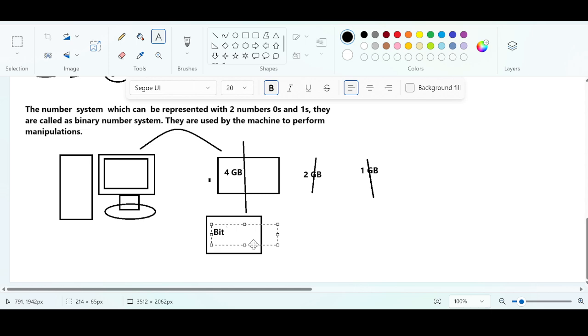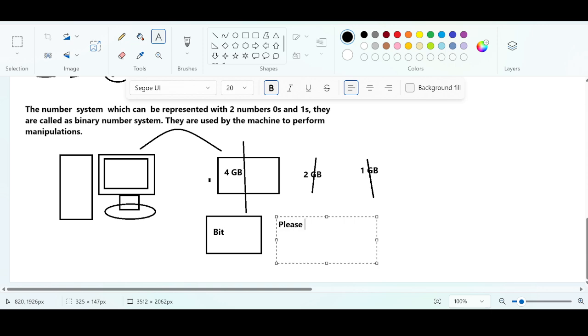So I can say that bit is the smallest unit of memory that could be used to store data. There is no other memory area smaller than the bit.